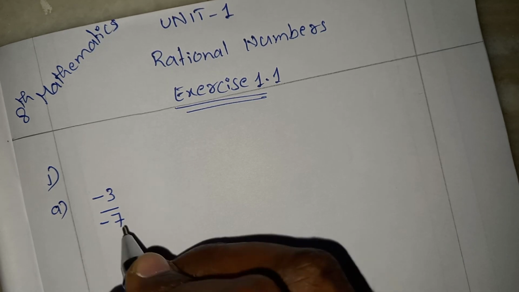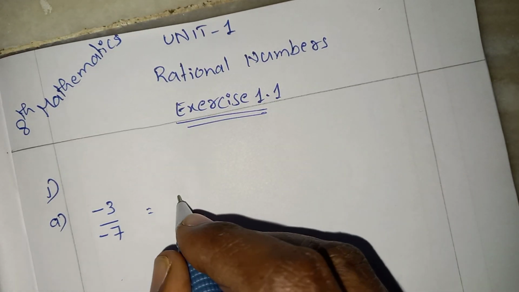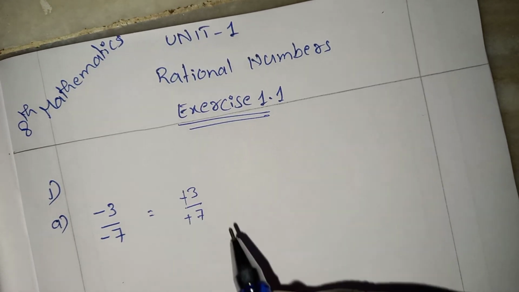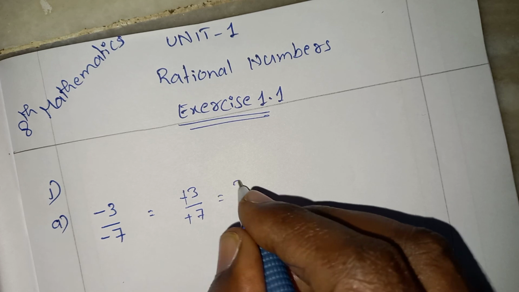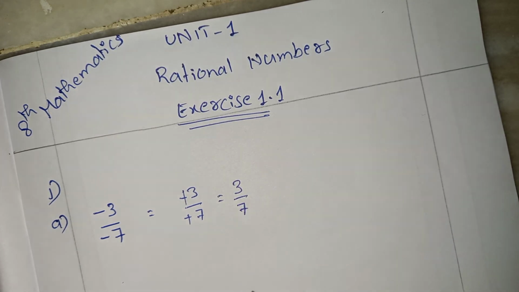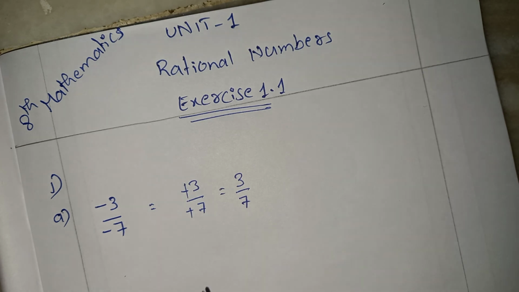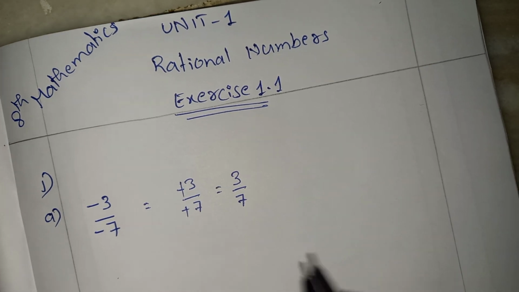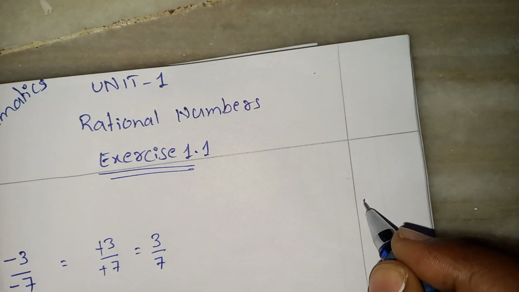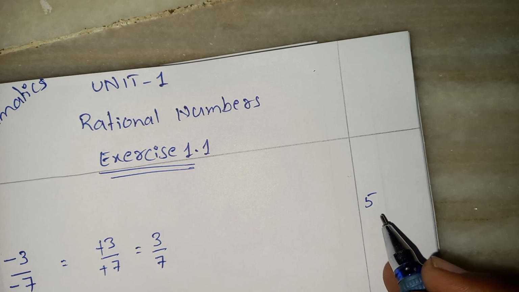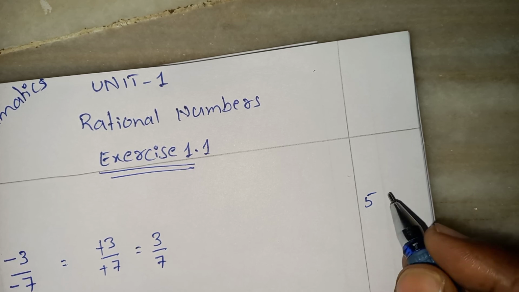Now, the solution: minus 3 by minus 7. Minus minus cancel, so it will be 3 by 7. Now, we have to add a number so that it will become 0. For example, 5 is there. How much do we have to add to 5 to make it 0?